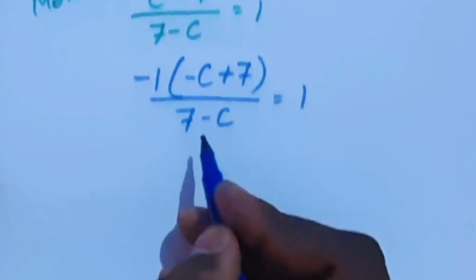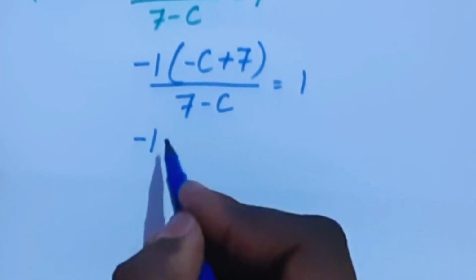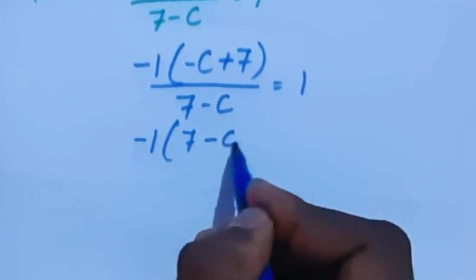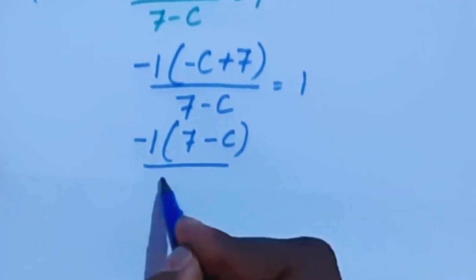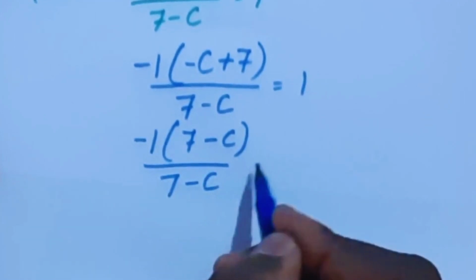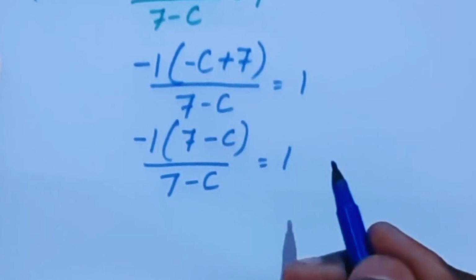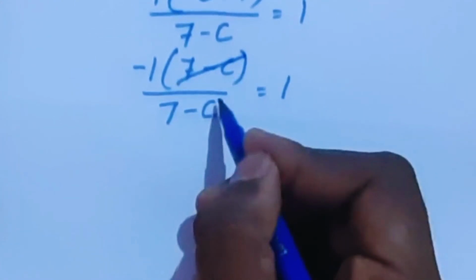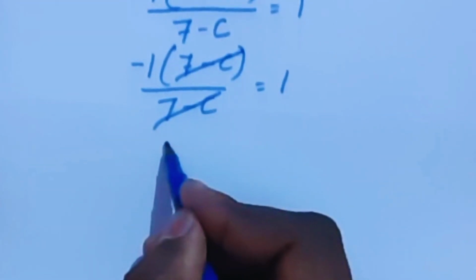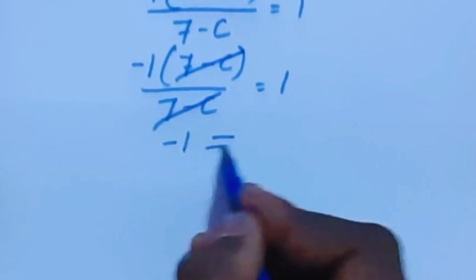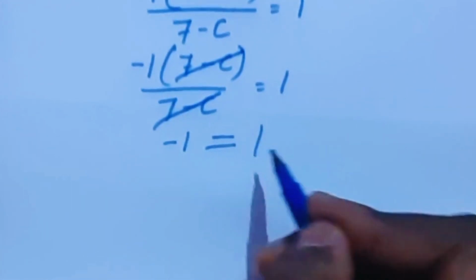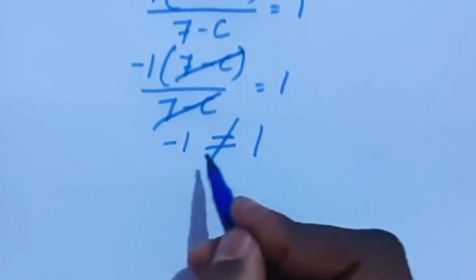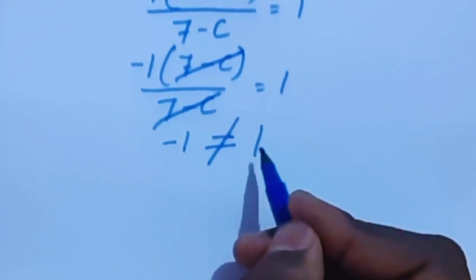Now this can be written as minus 1 open bracket (7 first, minus C second) by (7 minus C) equal to 1. Now this 7 minus C and this 7 minus C cancel each other. Now we have minus 1 is 1? No. So minus 1 is not equal to 1.